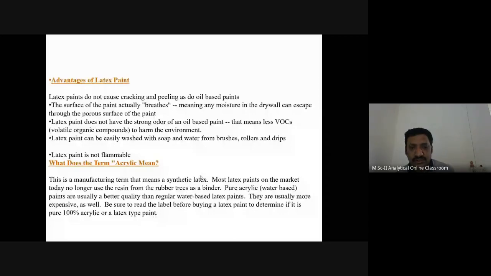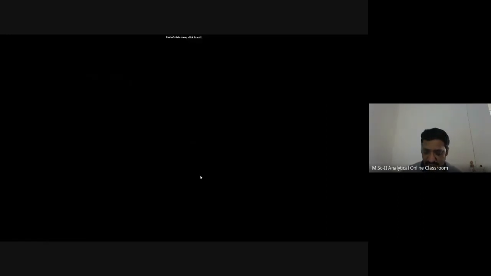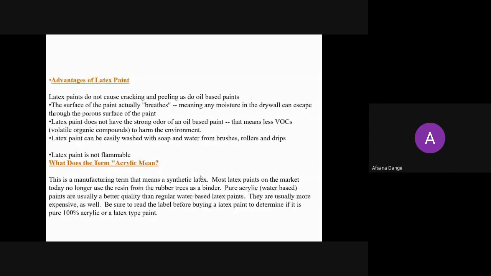Be sure to read the label before buying latex paint to determine if it is pure 100% acrylic or latex type paint. So whenever you purchase dye or paint, you have to see if it is 100% acrylic or not. If it is 100% acrylic, then it is water based or latex type of paint. All of you understand? Yes, sir.